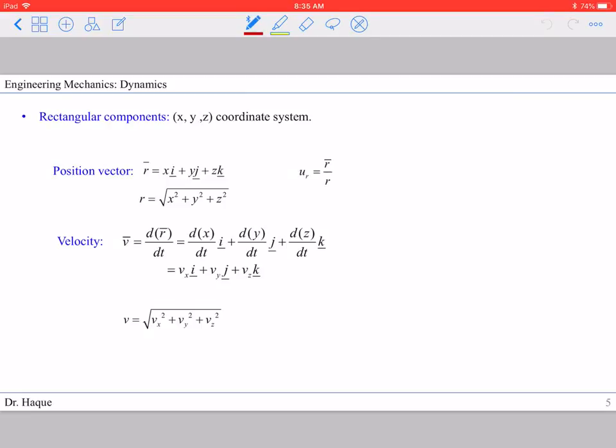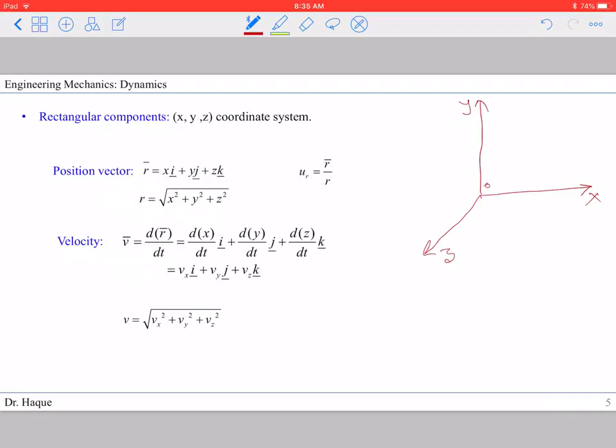So rectangular components, we know it's x, y, and z coordinates. We already know that, so let me draw one. If this is my origin, and we assume x, y, and z.